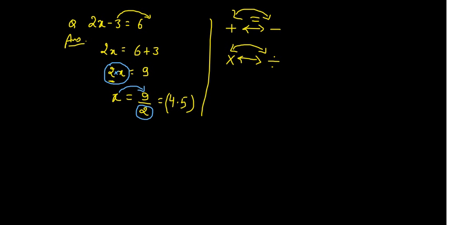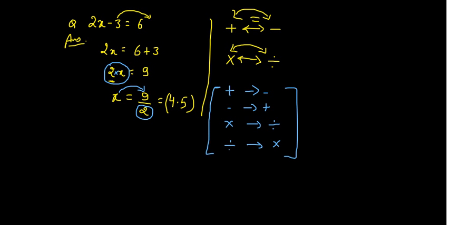So these are the basics. Plus gets changed into minus, minus gets changed into plus, multiply changes into divide, and divide changes into multiply. Remember, all these things are with respect to the variable part.